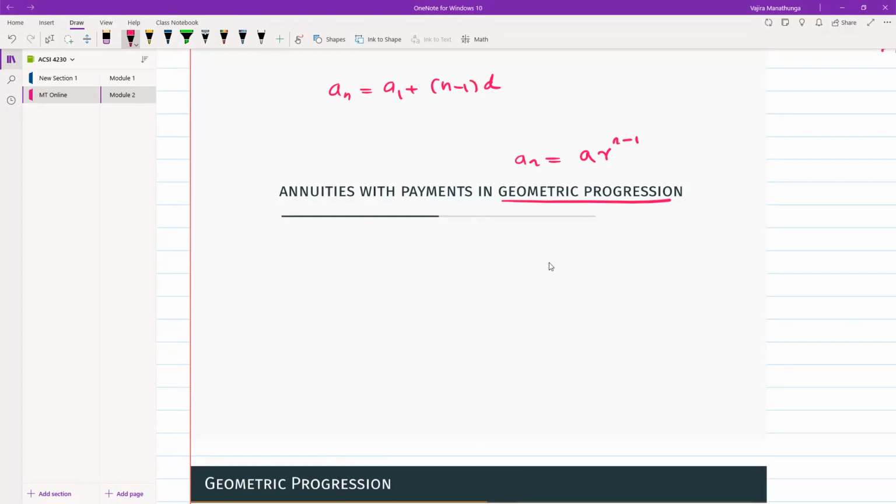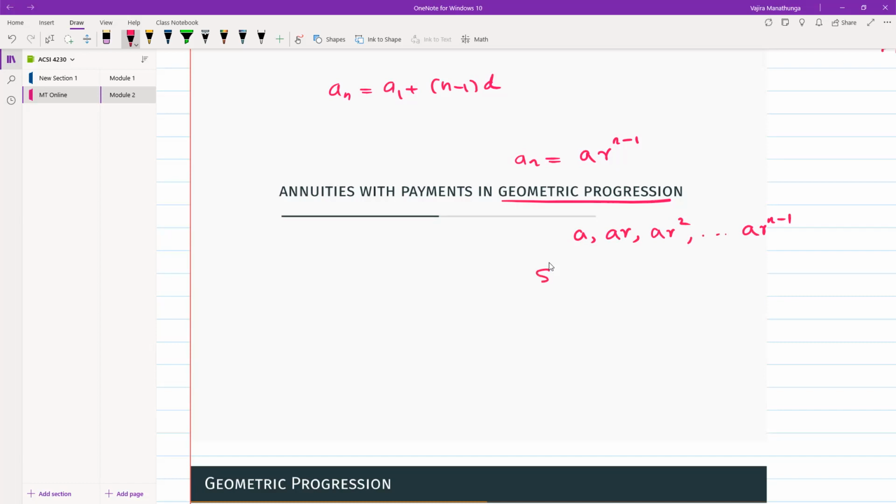Your first term is a, second term is ar, third term is ar squared, and so forth. Nth term is a times r to the power n minus 1. So remember that when you have a geometric progression, the sum is going to be what?